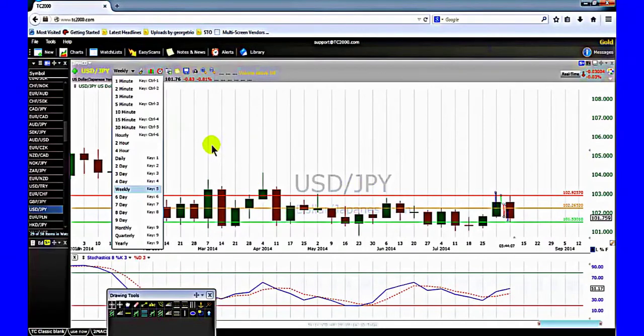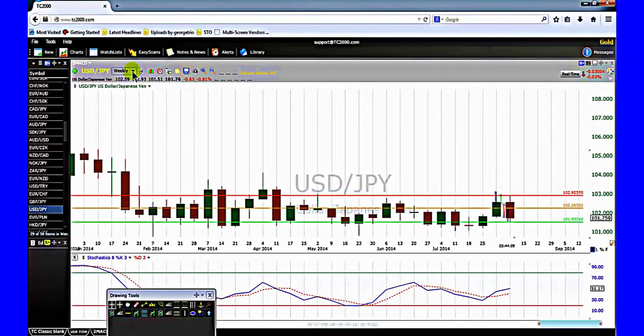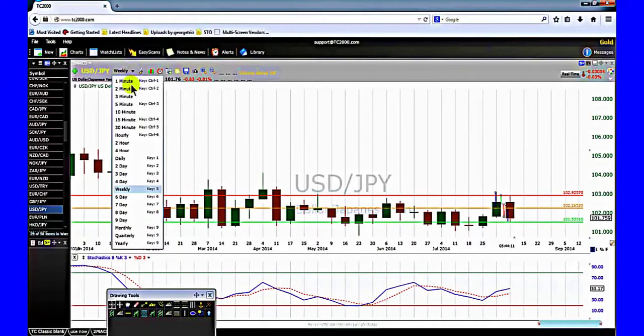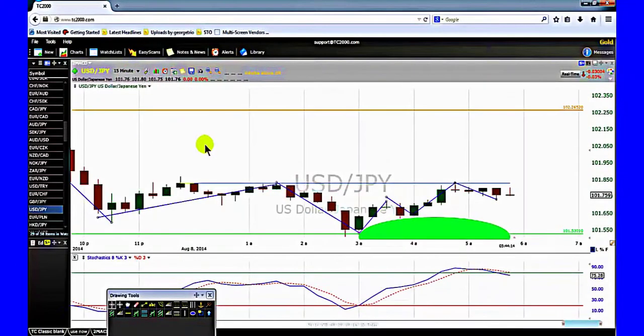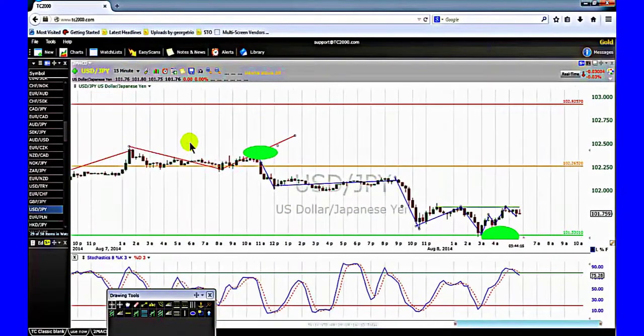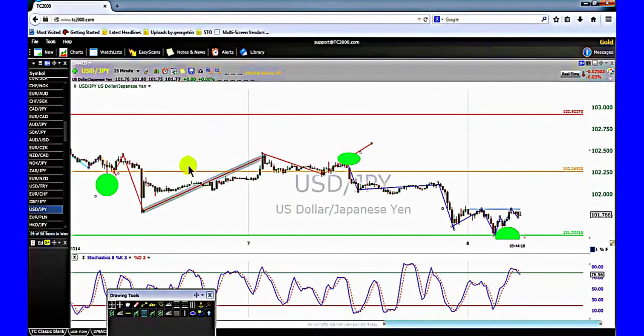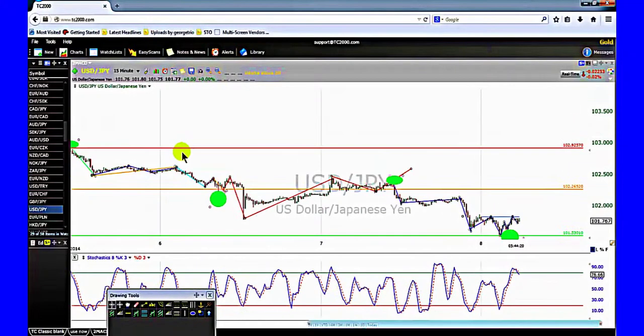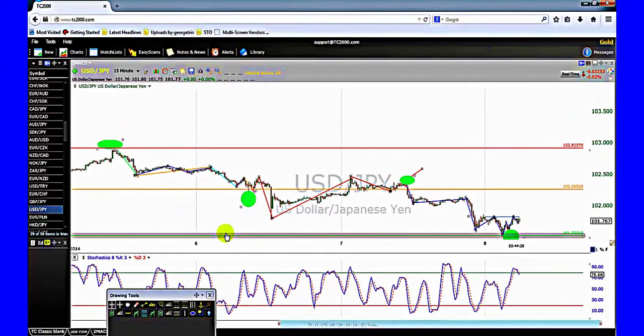All right, same thing for the corrective waves. I'm going to go now again to the 15-minute chart. This time I'm going to highlight the section of the correction. You can see that in fact the correction is taking place around a key level.